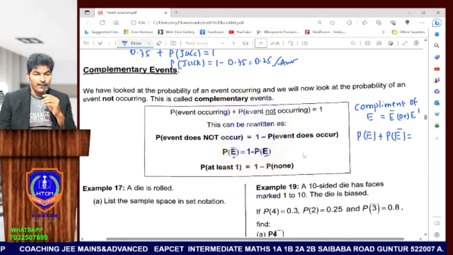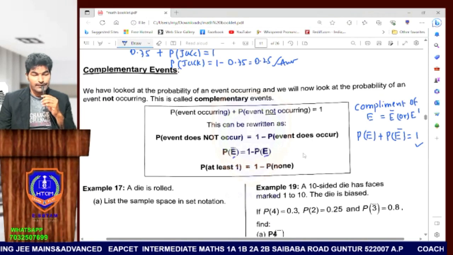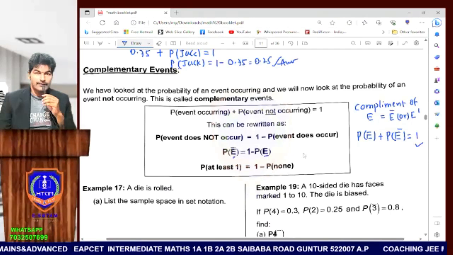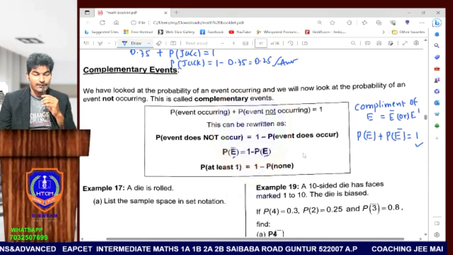According to probability, P of E plus P of E dash should be 1. This is the relation between an event's probability and its complement's probability.